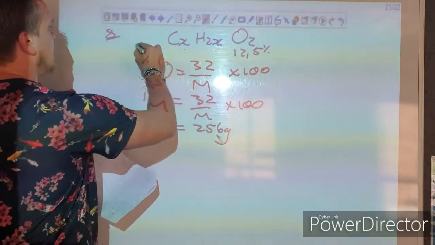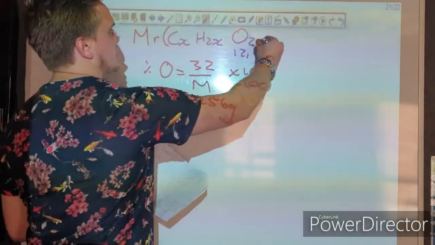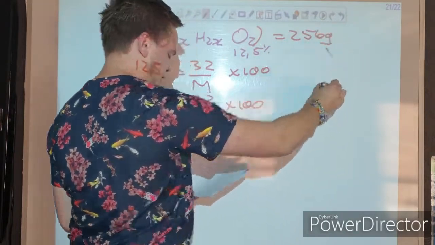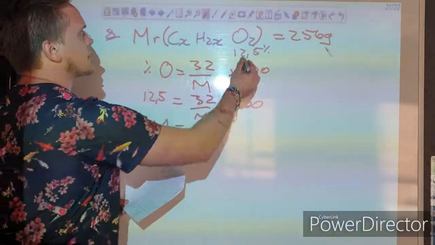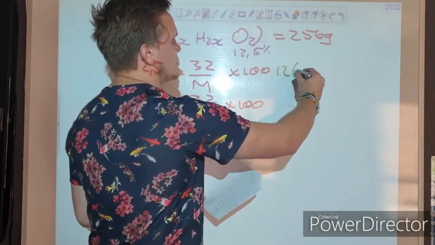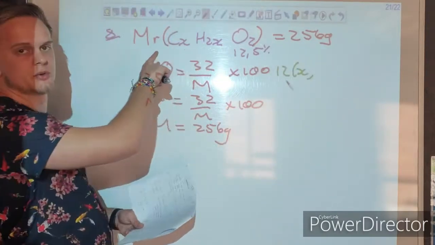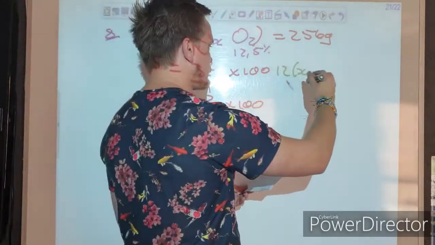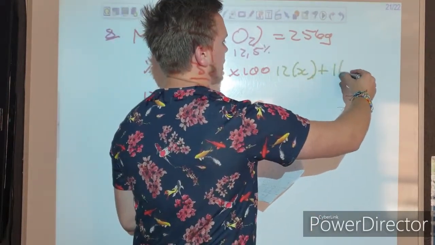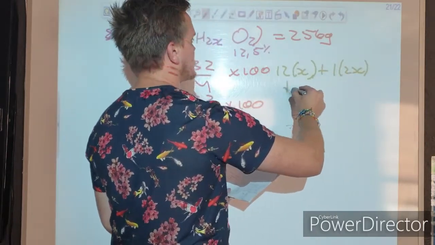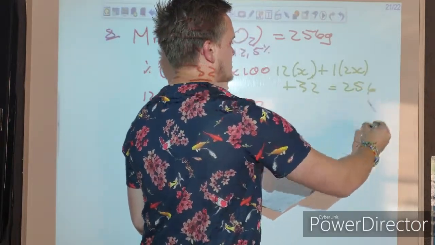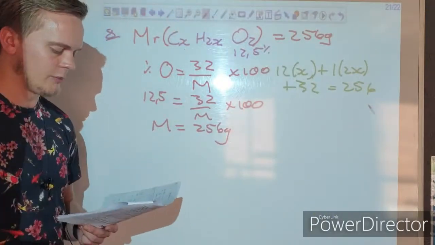That means the molecular mass for this whole molecule is 256 grams. Okay, so I'm going to do this now in green here on the side. That means that 12 times x, carbon is 12 on the periodic table, plus 1 times 2x plus the 32 for oxygen should all equal the 256, the total molecular mass.